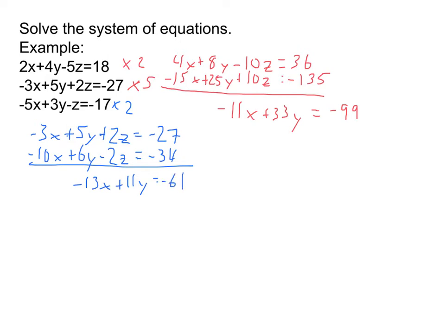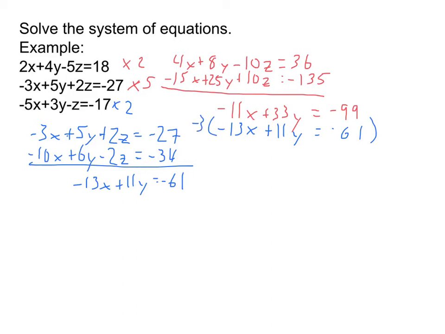Okay, now I've got my new system of equations, so I can line these two up. So I'll just write the blue equation so we have more space up here. Negative 13x plus 11y equals negative 61. If I multiply the bottom equation by negative 3, I'll get a negative 33y, and that would cancel the positive 33y.